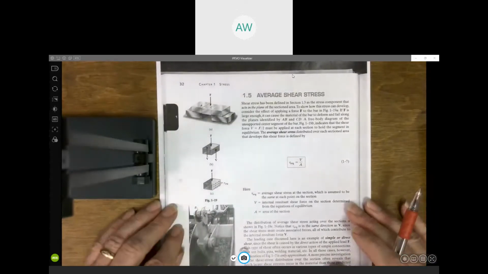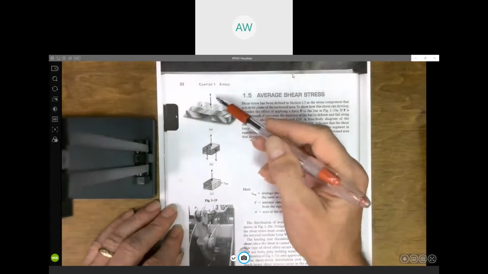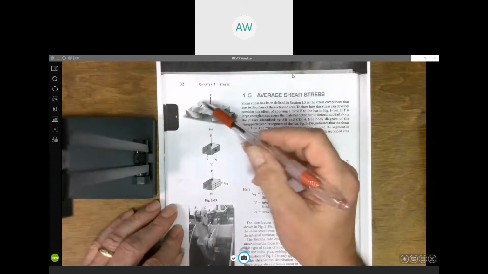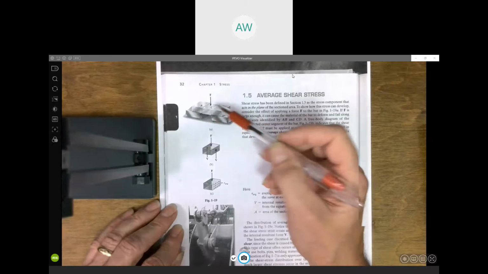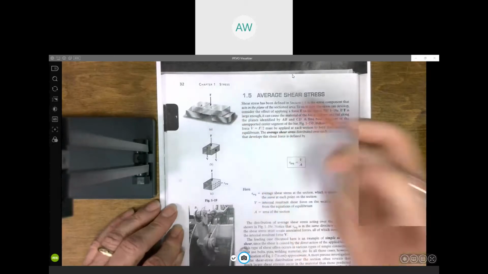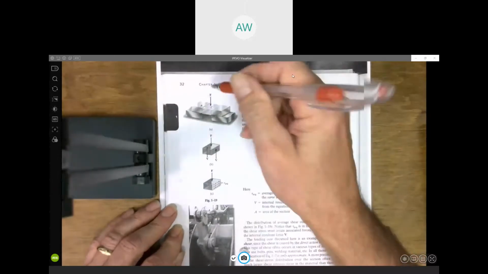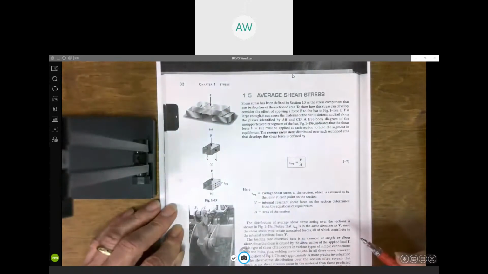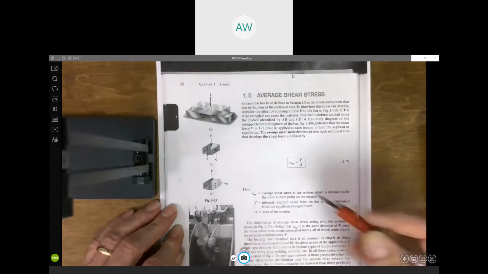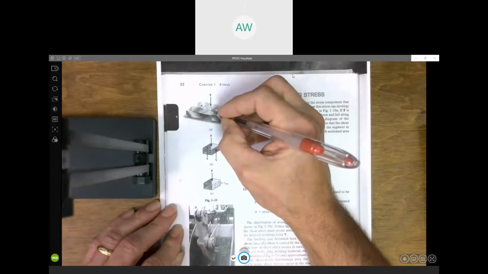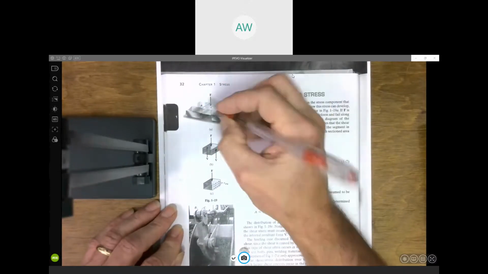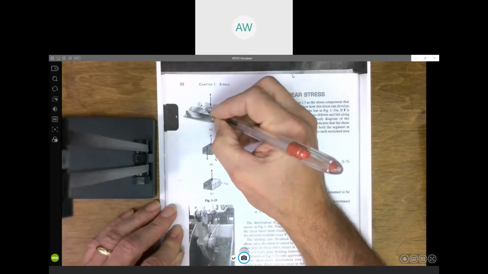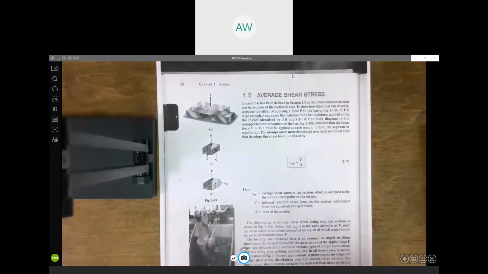If you look at this situation up here, you basically have this rectangular block-looking thing, and it's resting on two other things, and there's this downward force F pushing down on it. But if you notice here, there's going to be this cross-sectional area, and you'll have another one over on this side.